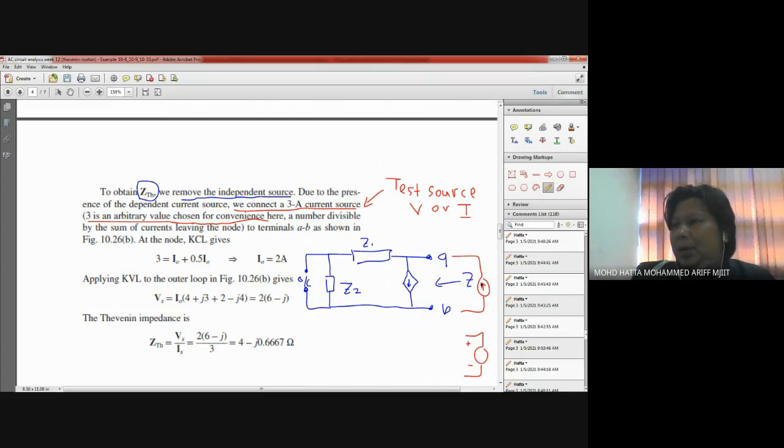Basically, you can put it in any direction, but because we know that the voltage over here that we would like to calculate is in this polarity, according to this polarity, this is the suitable current direction. And also if you have a voltage test source connected over here, you should put it in this way of polarity.